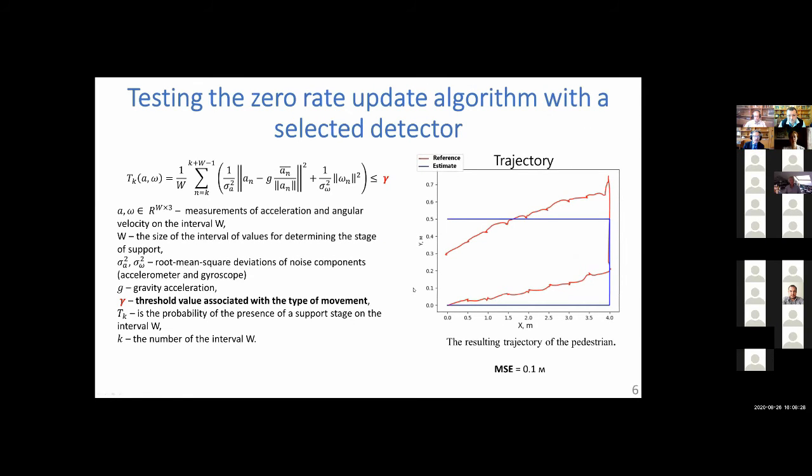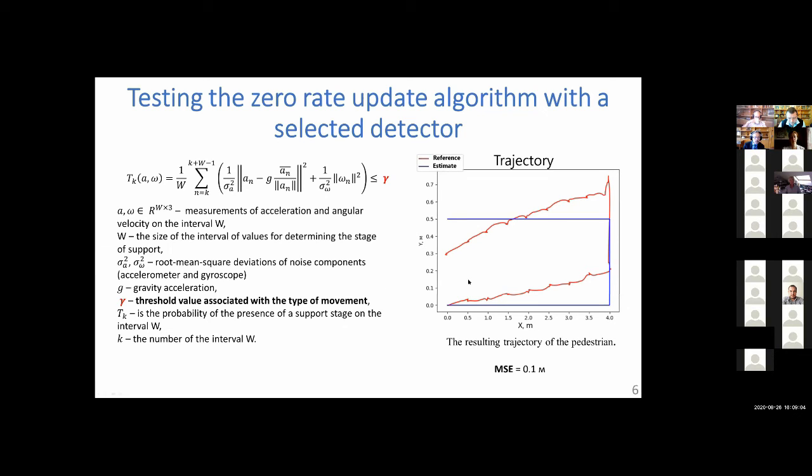Here, in the current slide, a formula for tracking the zero velocity moment is depicted. This formula says that the zero velocity moment occurs under the condition when the current acceleration of the inertial module is close to the acceleration of free falling, g.